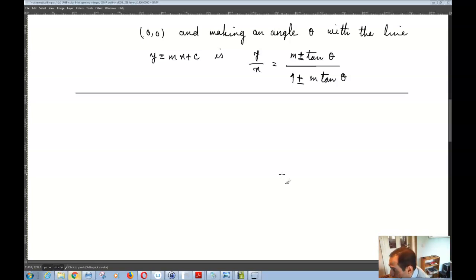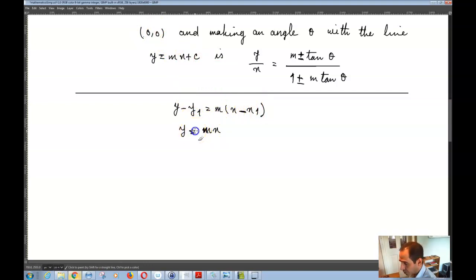So what you need to do over here is first find the line. If you have a line that goes through this point, you can say that y minus y1 is equal to m times x minus x1. If this line goes through 0, 0, then you can write y is equal to mx, because y1 and x1 you can set to 0 and 0.